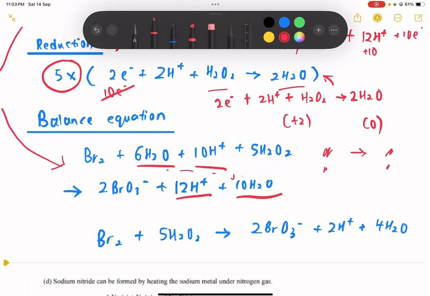After we do that, we subtract 6. So 10H2O minus 6H2O becomes 4H2O. And then 12H+ minus 10H+ equals 2H+. So finally, this one will disappear, and this one becomes 2H+, this one 4H2O. So this will be the final equation.